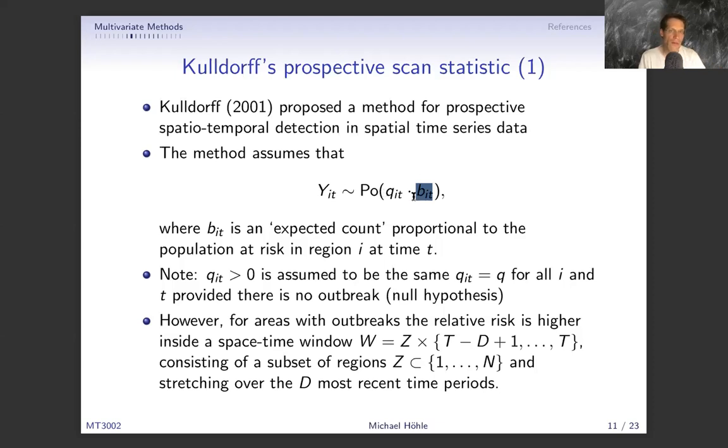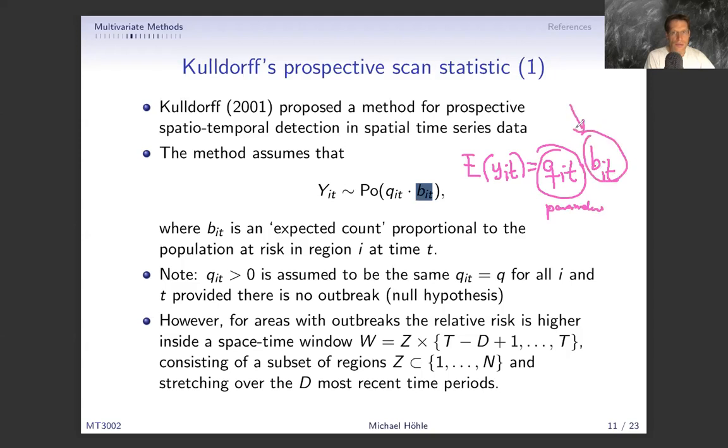That's the important part. So hang on, can we try to annotate this to make it clearer. So the point is that we will have the expectation of Y_it simply be q_it times b_it, and we will say this here, q_it, is a parameter, and this here, b_it, will be known and is specified in advance.